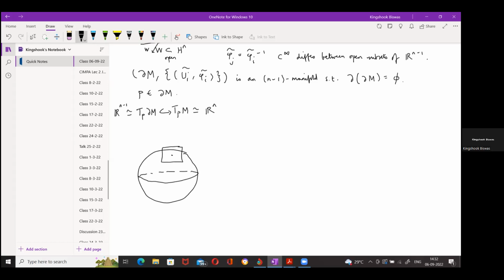Now, I have an orientation on the full tangent space to M. The tangent space to M in this picture is just R3. I want an orientation on this two-dimensional subspace of R3, which is the tangent space to the boundary. So how do I get this orientation?